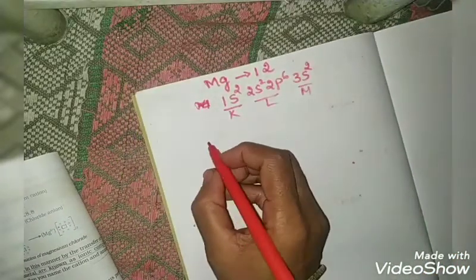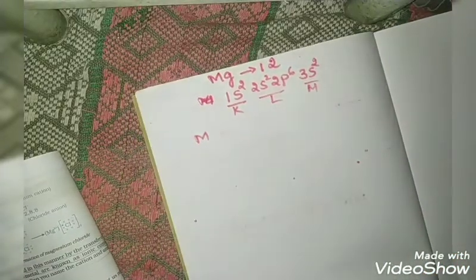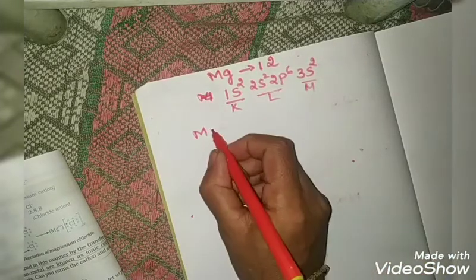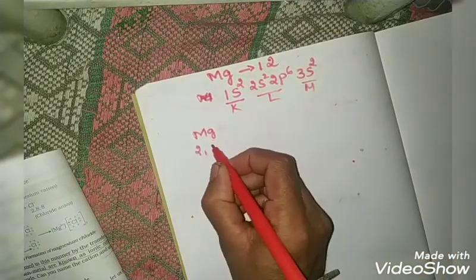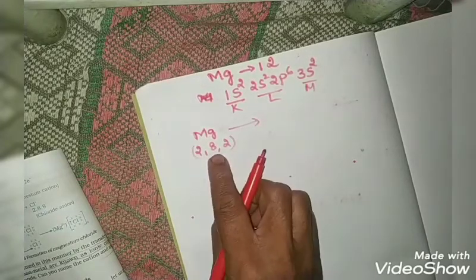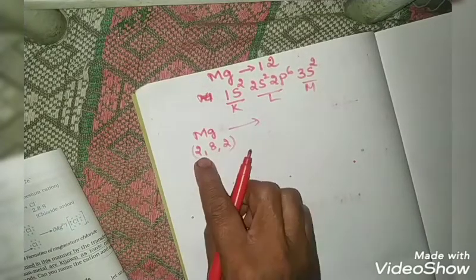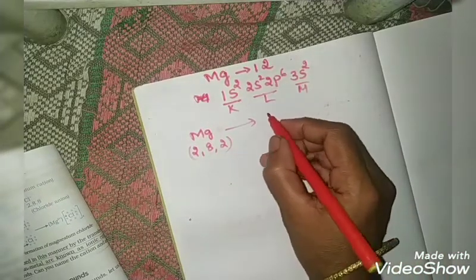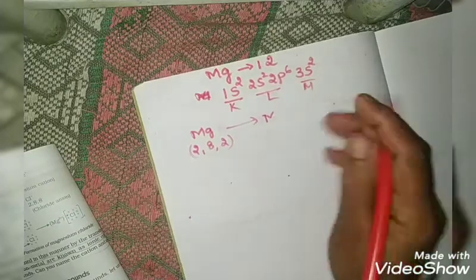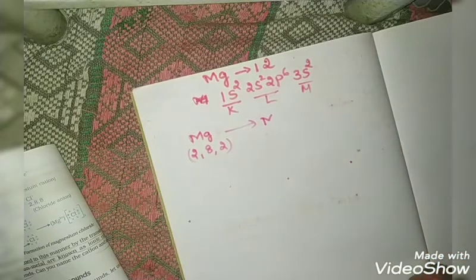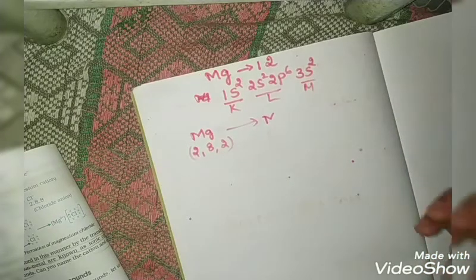Now, let us take up magnesium. 2, 8, 2. Correct? It is 2, 8, 2. Electrons are written here in each shell, and whenever it wants to react with chlorine, let us see, we are finding out the formation of magnesium chloride.